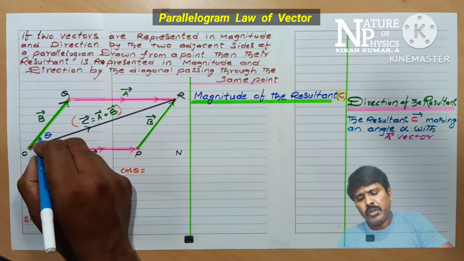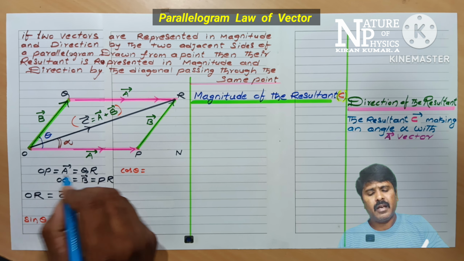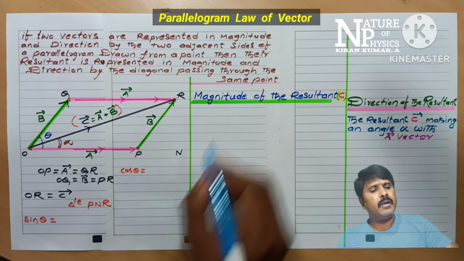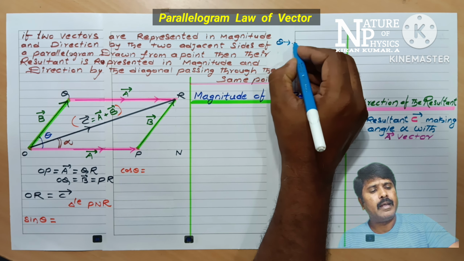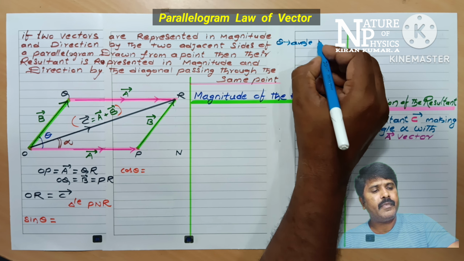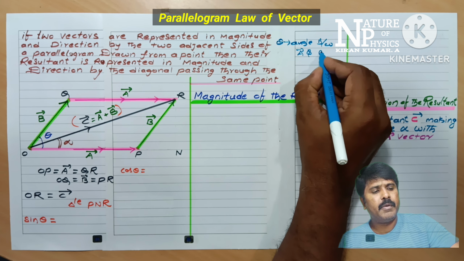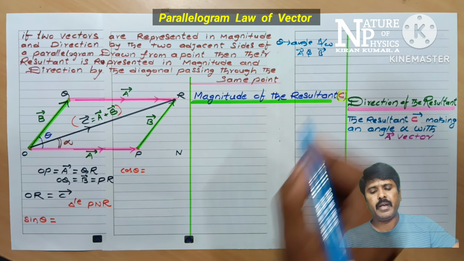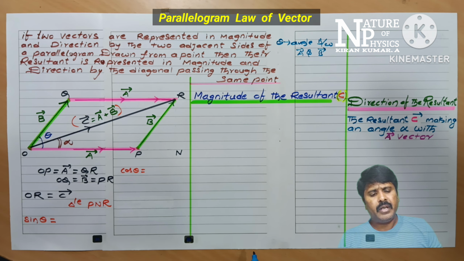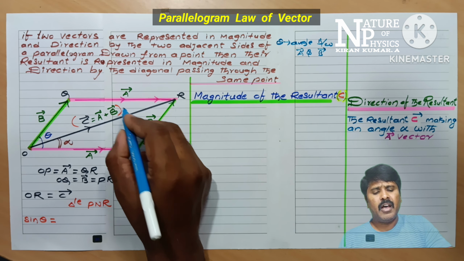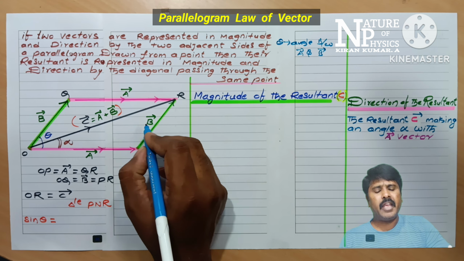Okay, so both the vectors make an angle theta. Theta is the angle between the A bar and B bar vectors, student. And continuing, in the parallelogram law of vectors opposite sides are equal.